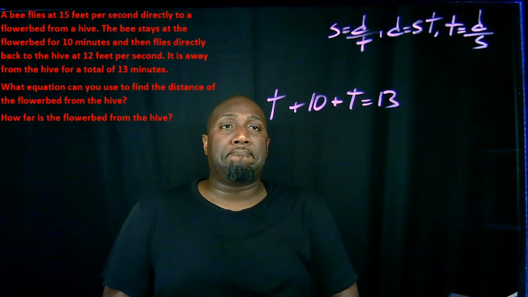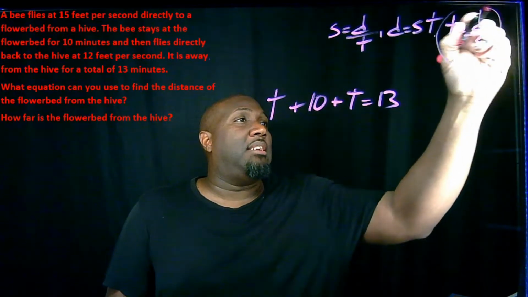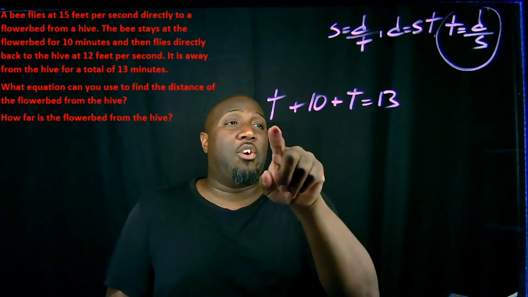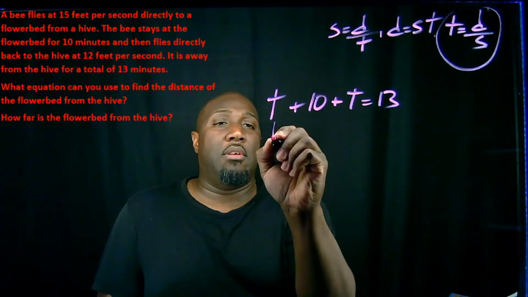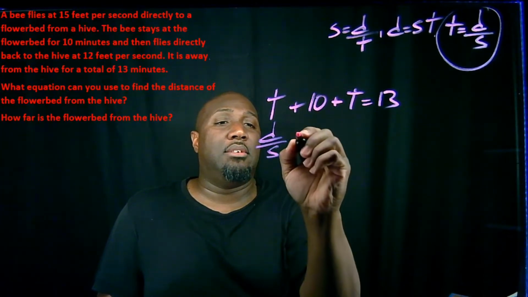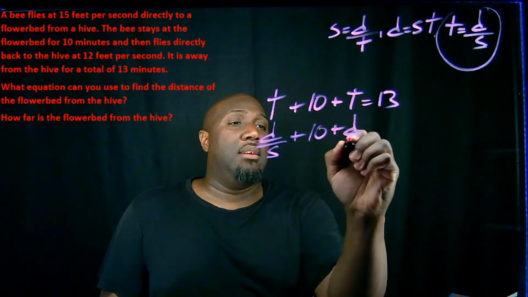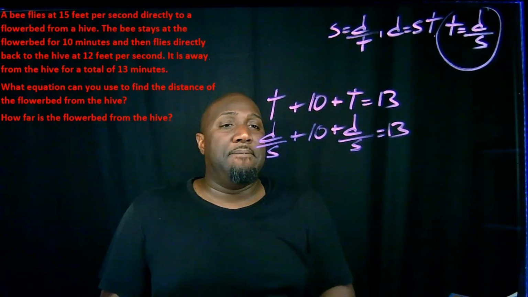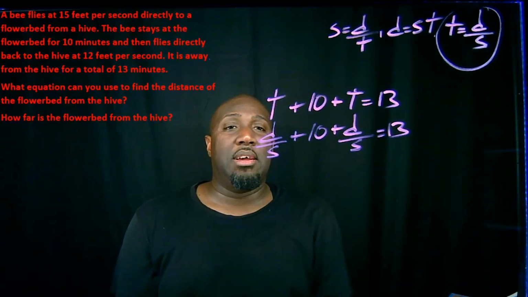So what we can do is substitute this relationship between distance, time, and speed into our equation. So now we have D over S plus 10 plus D over S equals 13. This is the time from the hive to the flower bed.